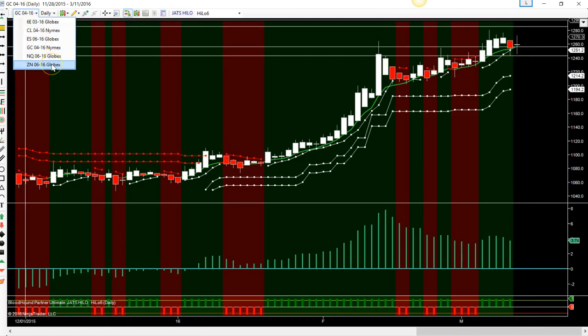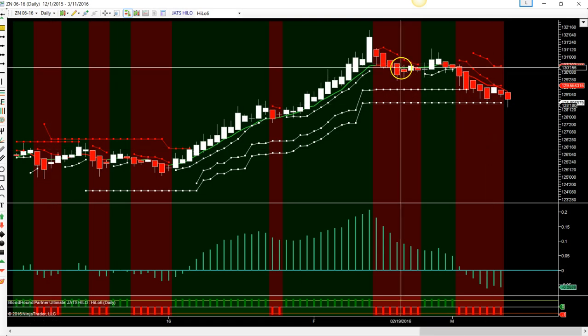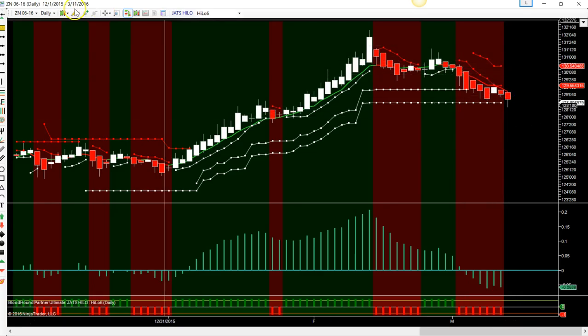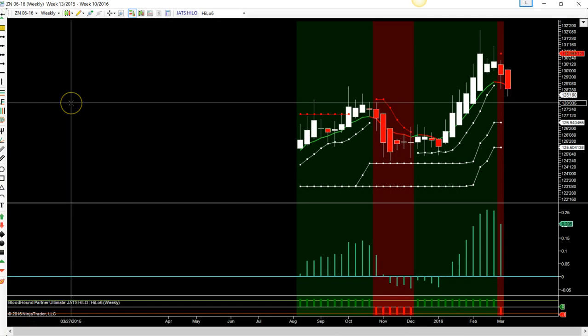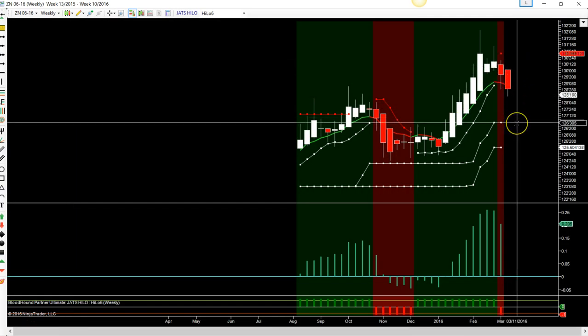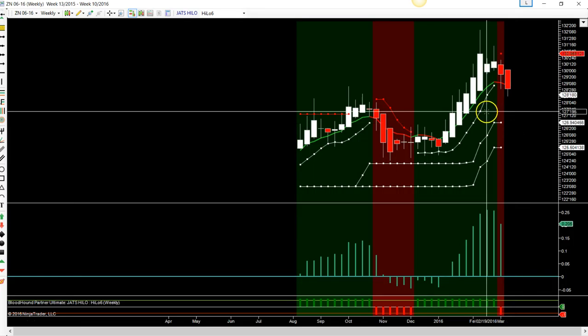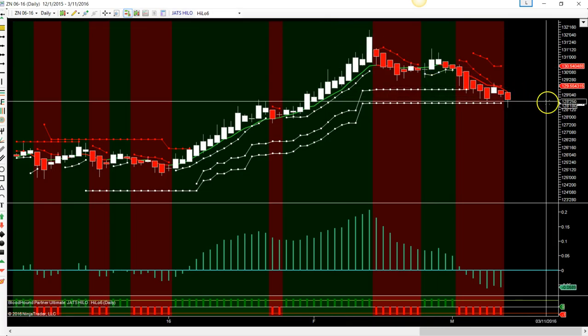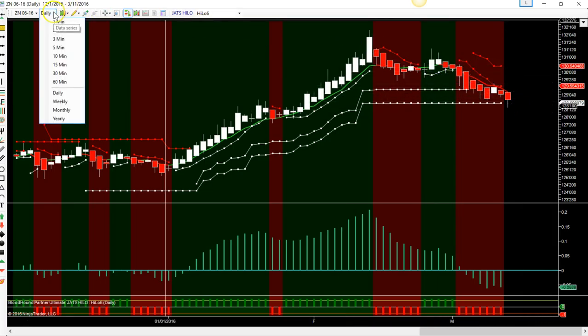Let's take a look at the bonds. The bonds are pulling back. A new downtrend on the daily, pulling back into support, so this may be the start of a new bear trend for the bonds.